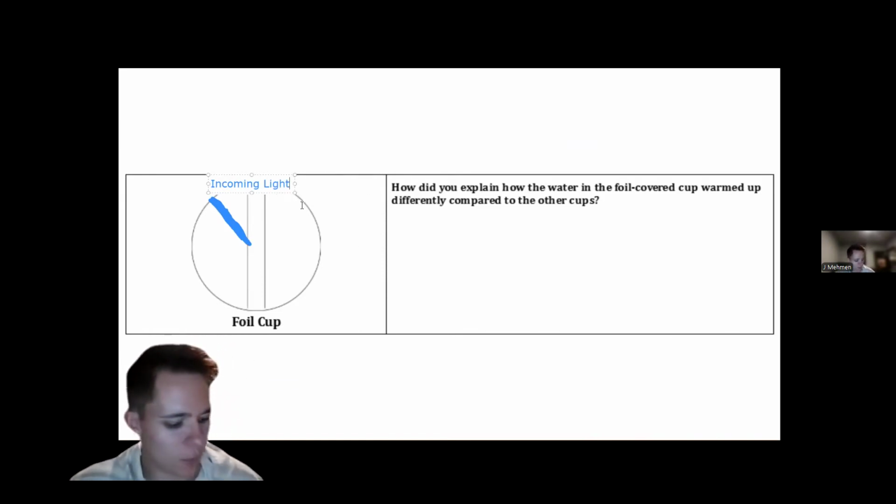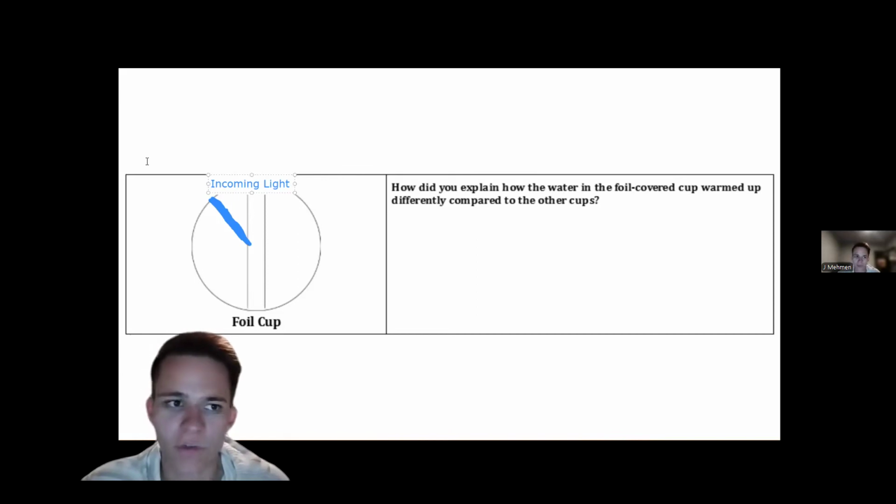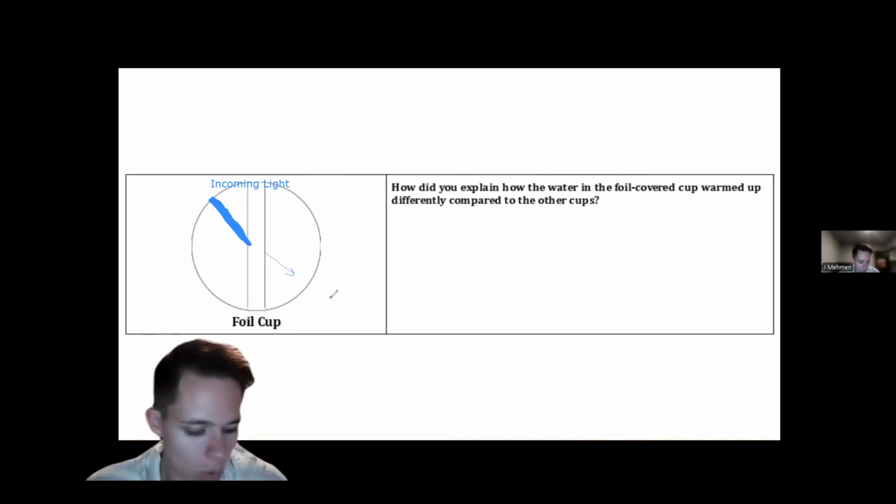When I look at my data table, most of the light is being absorbed. How do I know this? Transmitted, it's only 2%. This is basically nothing. Basically, none of my light is being transmitted or going through that foil. When I think about reflected, 20% is being reflected. That is quite a bit, but it's still not a lot.